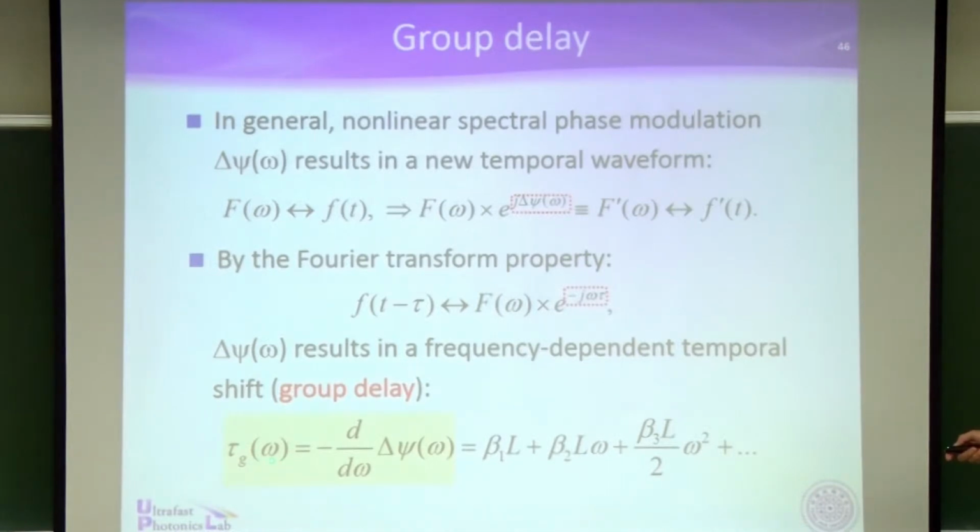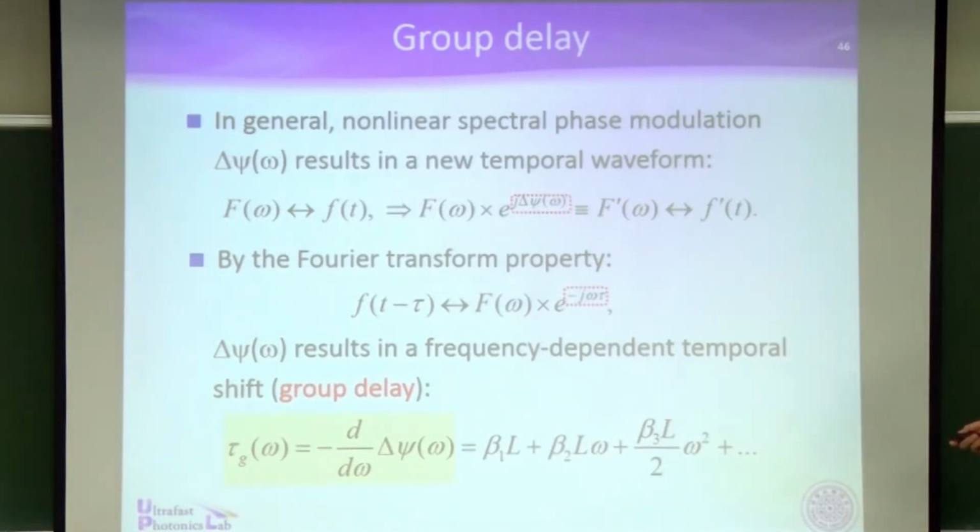The symbol is tau sub g. This is a group delay function. It's not a constant, it's a function of frequency, which is the derivative of your spectral phase modulation function with a minus sign. Just comparing these two phases, you can get this conclusion.